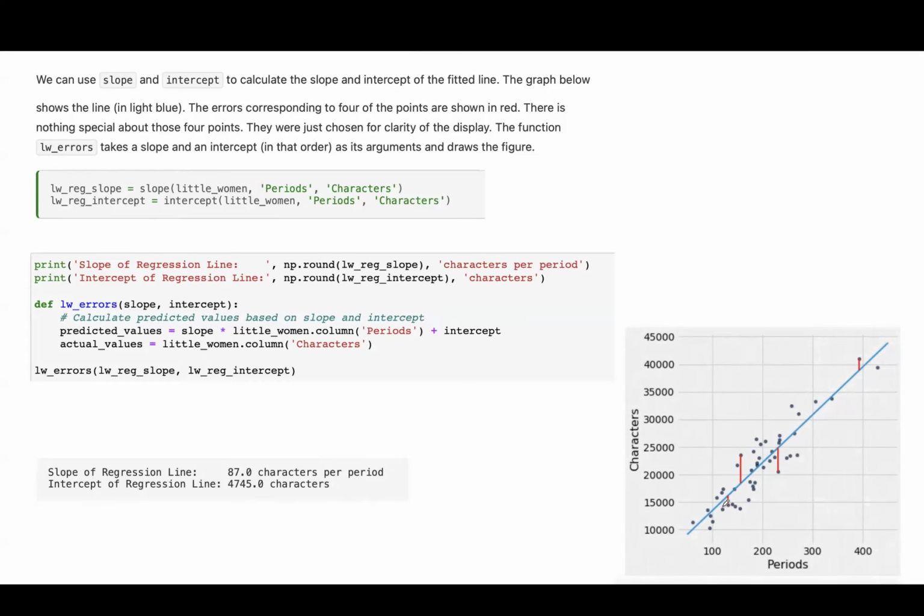As long as the actual value is below the regression line, the residual is negative. If the point is above the regression line, the residual is positive. And if those points are exactly on the line, we have 0 residuals. Remember that our goal is to minimize the summation of residuals squared. This is what we want.